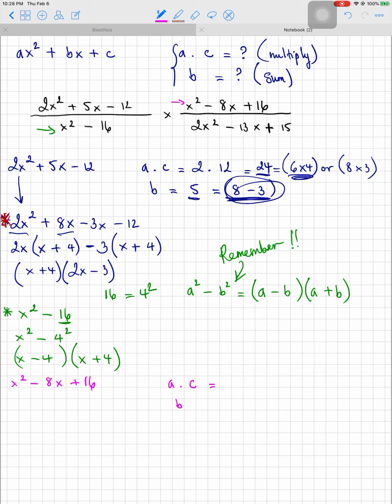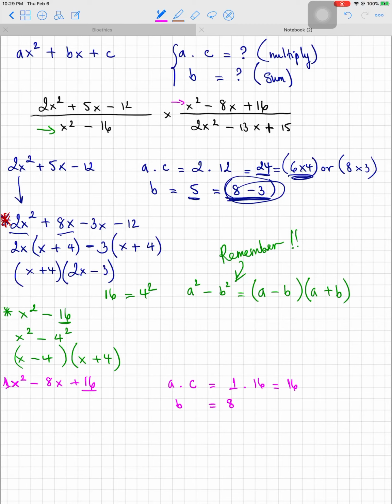So a right here is going to be 1. So 1 multiplied by 16, we have 16. And we have b right here, it is 8. So look at the 8 and the 16. We have to find something in common again.